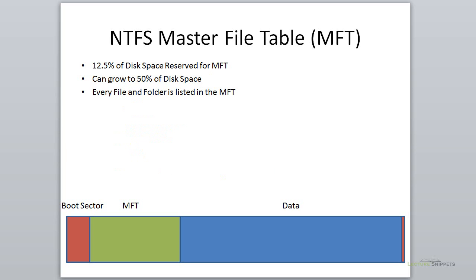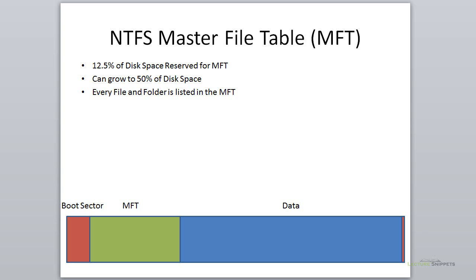After the boot sector, we have an area called the master file table, or the MFT. This is the area that actually keeps a record of every file and every folder or every object that Microsoft has on its operating system. When we first start off with Microsoft, the master file table is typically about 12.5% of your hard drive. That's what's reserved for it.